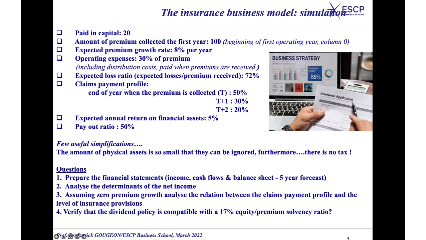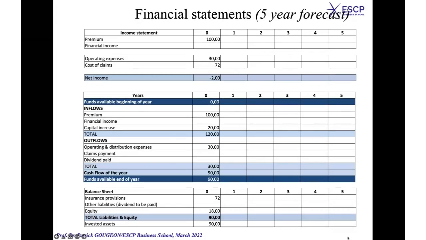Well, so now let's do the job, the financial statements. We have the income statement first, then we have the cash flows and the balance sheet. So we start with column 0. You remember the principle, you have seen that when you had your course in corporate finance.